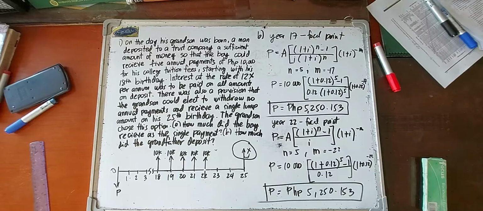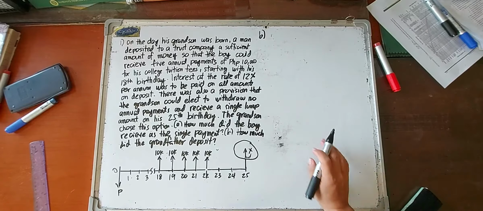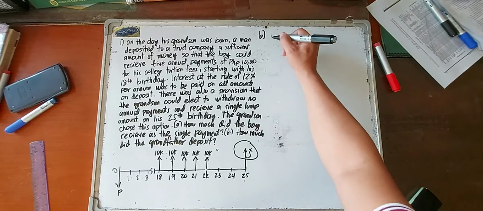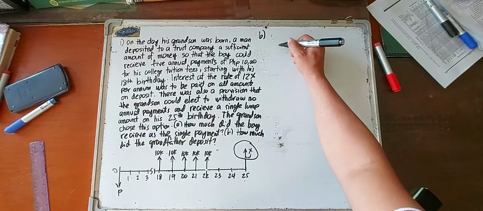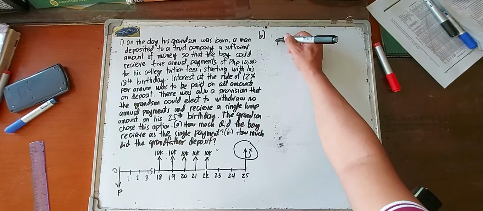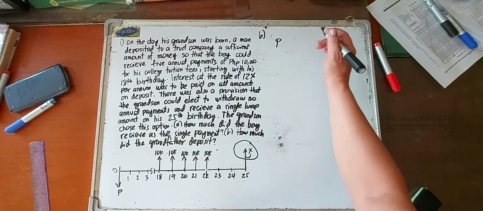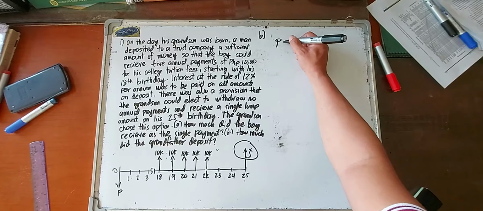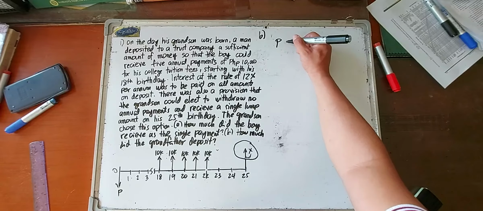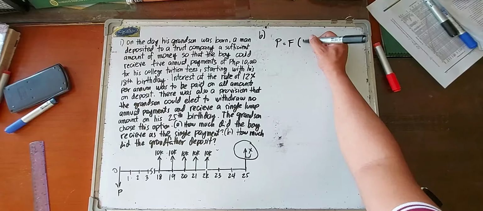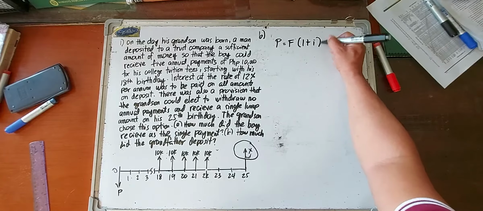Let's try to do that. Okay, so if we will use the value of X, then parang compound interest ito, ano, yung present worth ng isang future amount. So if that is the case, then our formula is equal to F times the quantity 1 plus I raised to negative N.